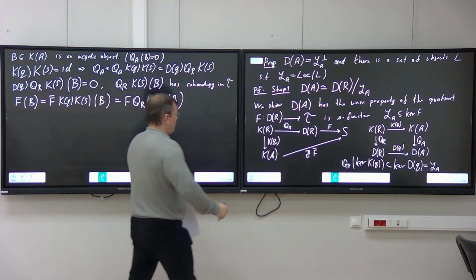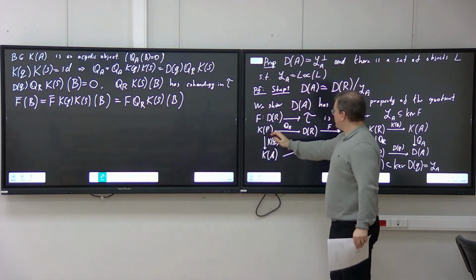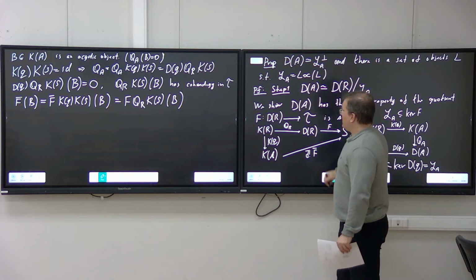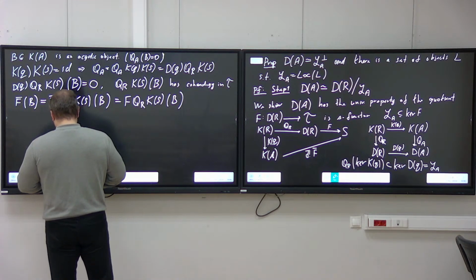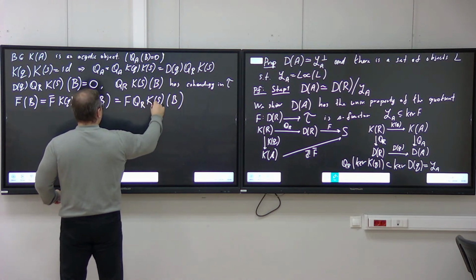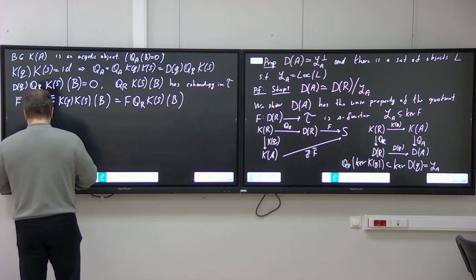So instead of the composition of these two functors, I use the composition of these two. And when I do this, I'll get an object Q_R K_S of B, which has cohomology in T.